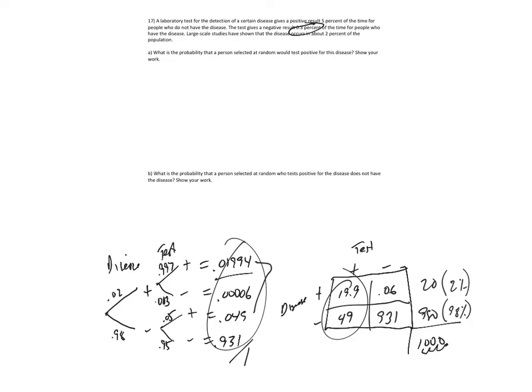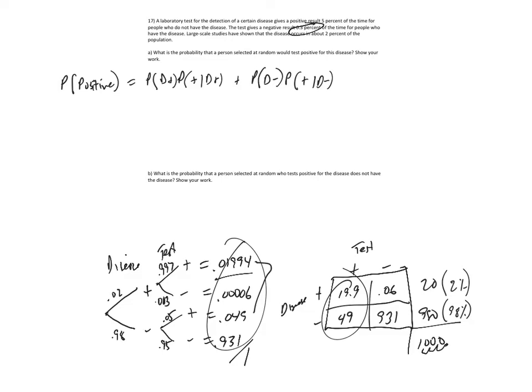So if we look at part A in the question, now that we have all this information, the first part is just asking, what's the probability that somebody tests positive, which would be the probability that somebody has the disease, so disease positive, times the probability that they tested positive given that they're disease positive, plus the people who don't have the disease, who are disease negative, times the probability that they do test positive even though they're disease negative.